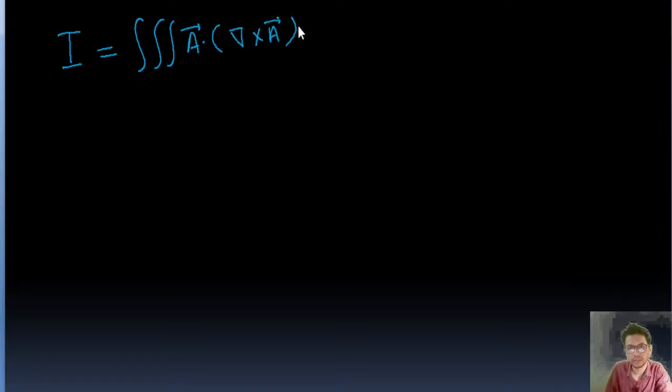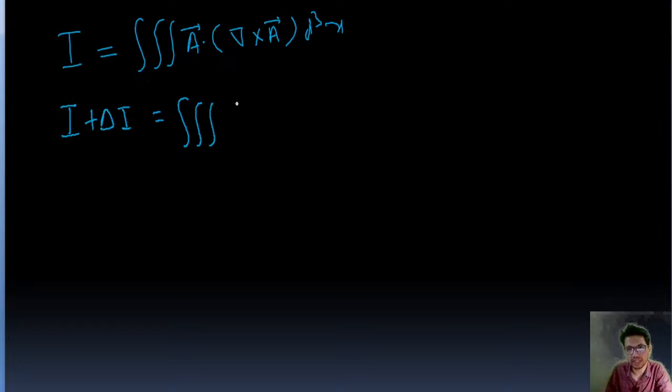Now since we have been given I equal to triple integration A dot curl of A d cube x, in that case I plus delta I is going to be this, because I becomes I plus delta I when A changes to A plus gradient of lambda.